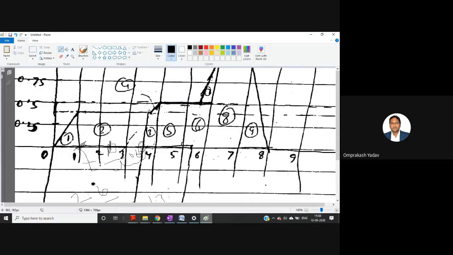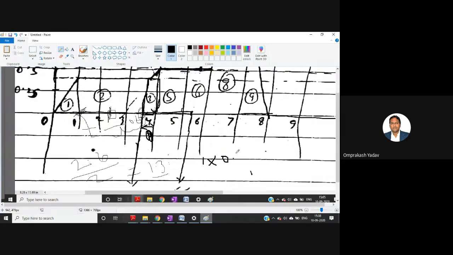So this is a small rectangle. Now I have to check, this is 1 unit, so 1 unit length. And what is this height? It's 0.3. So obviously the area will be 1 into 0.3, that means 0.3. Now let's calculate the middle point for this.